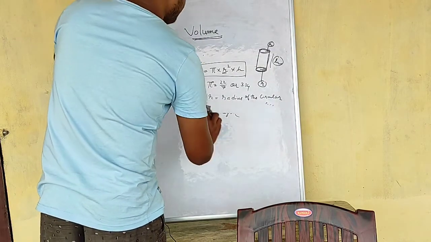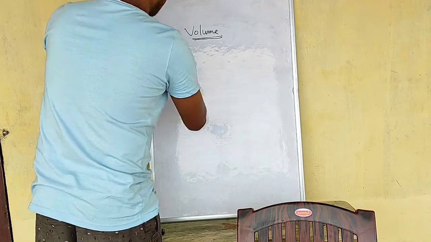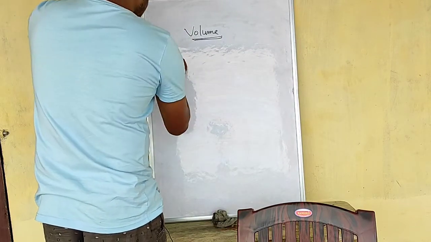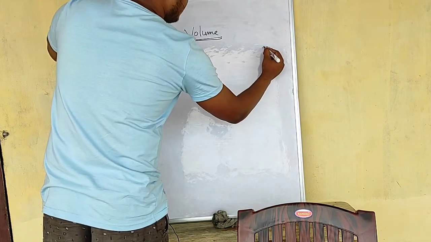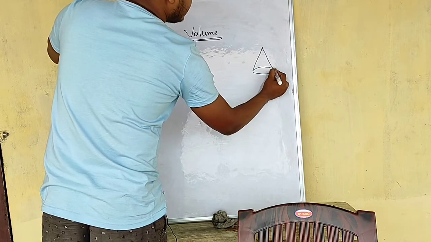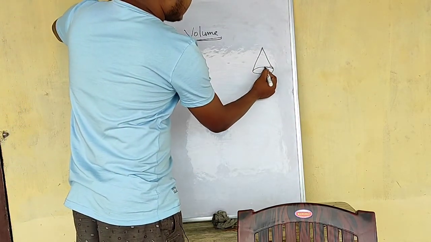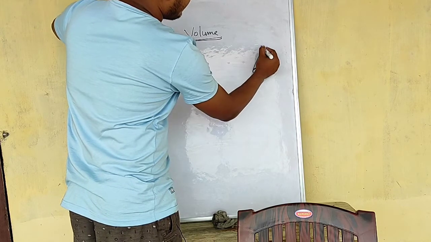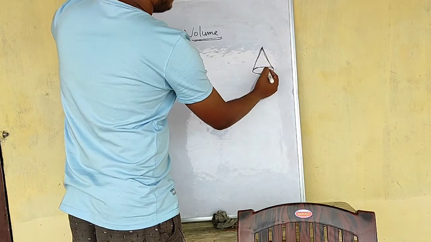Next, two more shapes are there. Next shape is cone. This is called a cone. This type of thing. Like here, the circular shape is at the bottom, and the upper part is triangular shape. You have to find the volume of this.